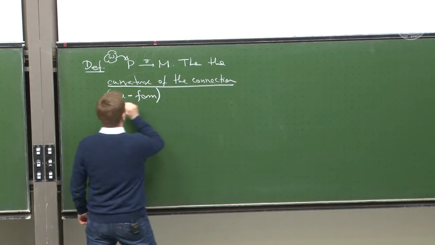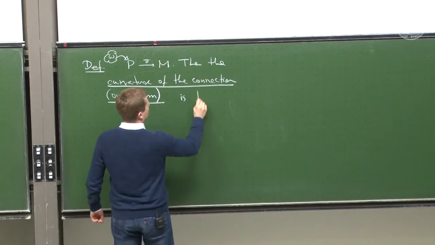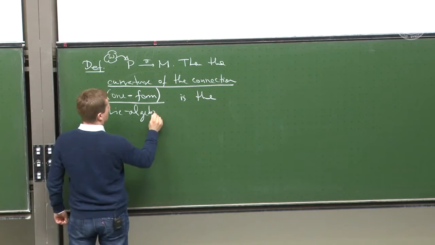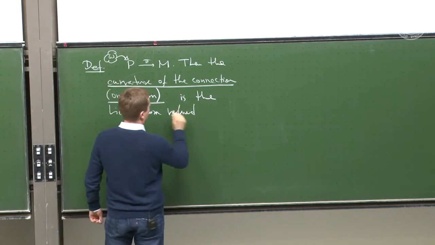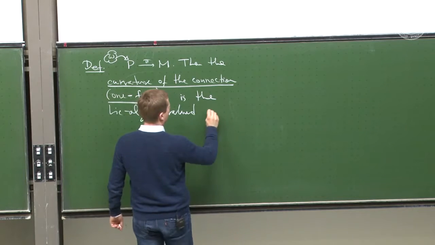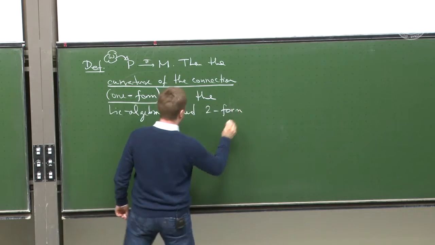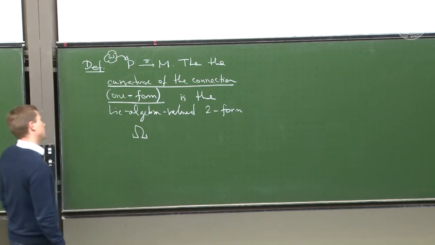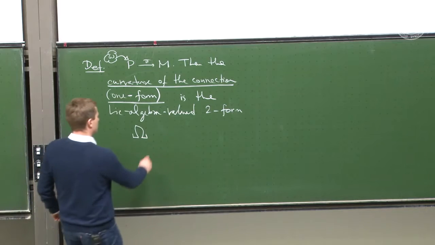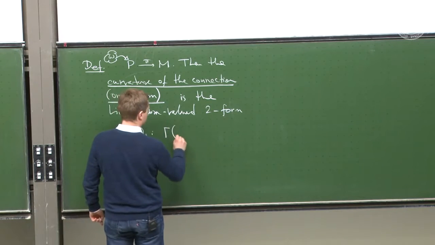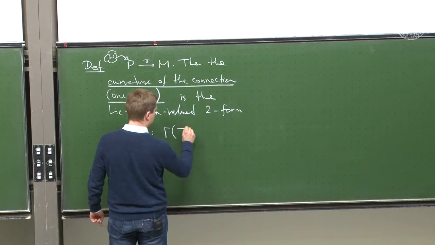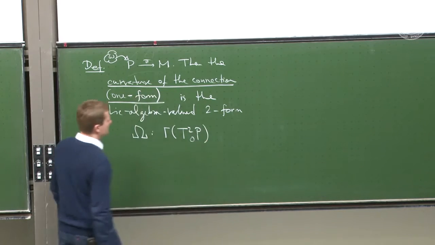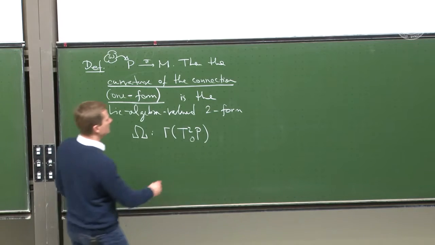So the curvature of the connection one-form is the Lie algebra valued two-form that goes by the name capital Omega. Well, it eats two vectors on the principal bundle. So it's a two-form on P.